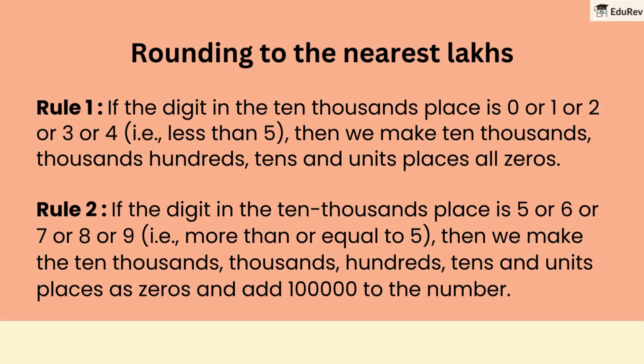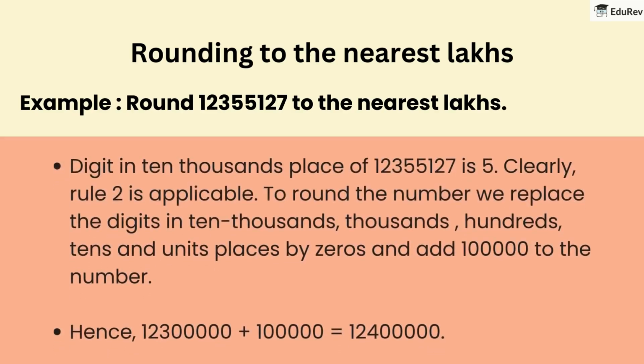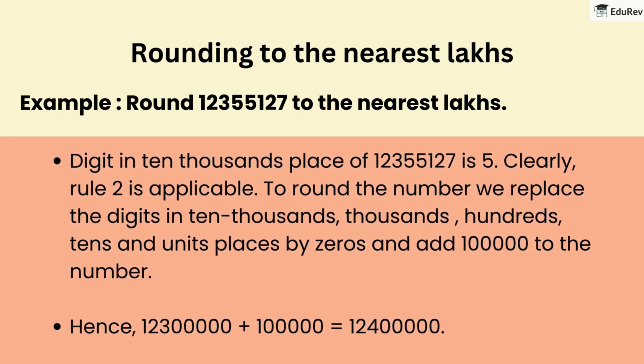100000 to the number. Example, round 12355127 to the nearest lakhs. Digit in 10,000s place of 12355127 is 5. Clearly, rule 2 is applicable.